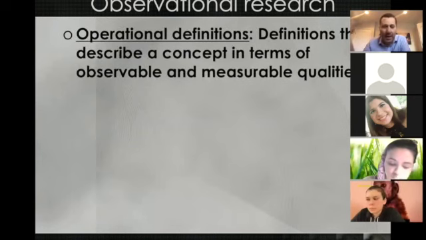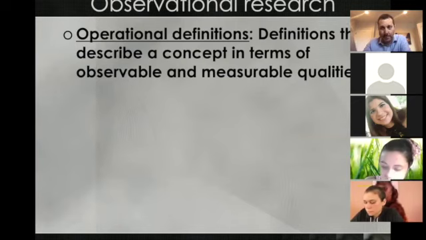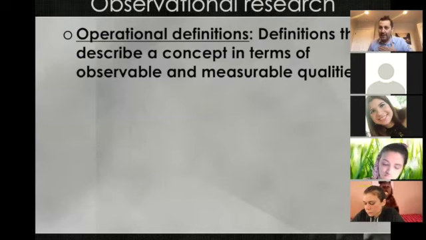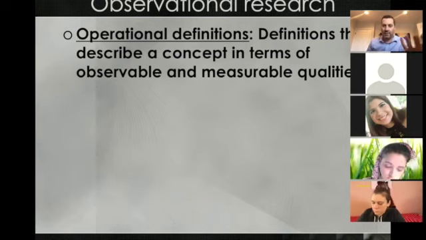Because there are many behaviors we might be interested in, such as, let's say, aggression on the playground, that the definition of aggression is a little bit fuzzy. And my definition is going to be different from your definition. And so what that means is that if we're dealing with two different definitions of aggression, and I observe behavior and you observe behavior, we're going to come to different conclusions.